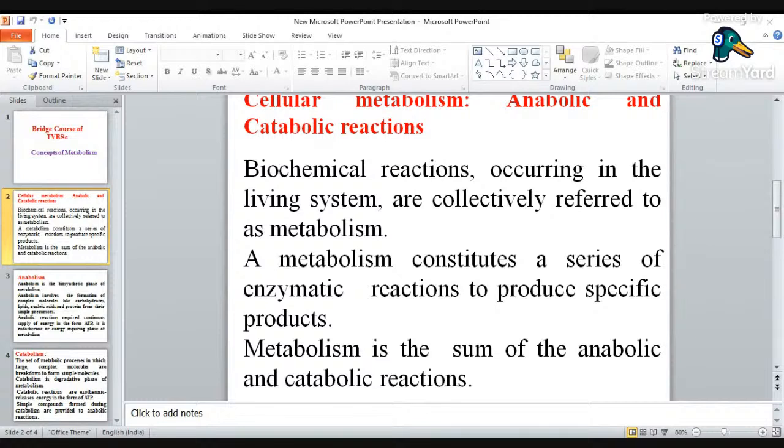Metabolism is the sum of the anabolic reactions as well as catabolic reactions. So what is meant by anabolism? Do you know anabolism?